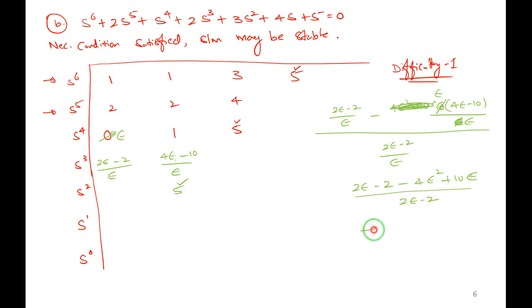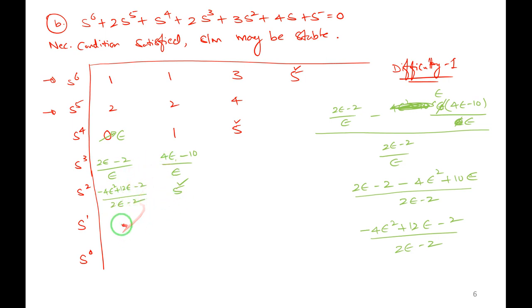Minus 4 epsilon square and 10 epsilon plus 2 epsilon, that is 12 epsilon. This is over, then minus 2 divided by 2 epsilon minus 2. So I will be getting this here. So let me write it here. Minus 4 epsilon square plus 12 epsilon minus 2 divided by 2 epsilon minus 2. Okay, this I got it.